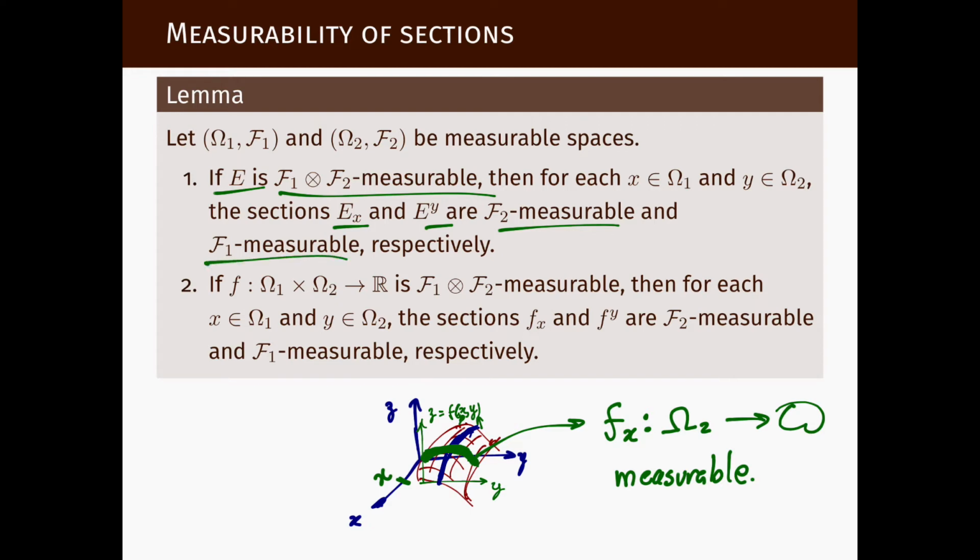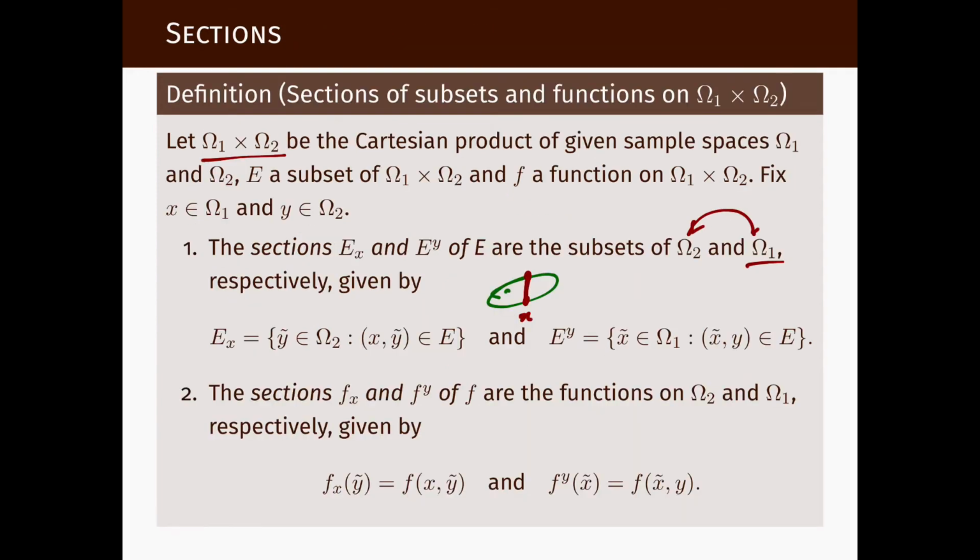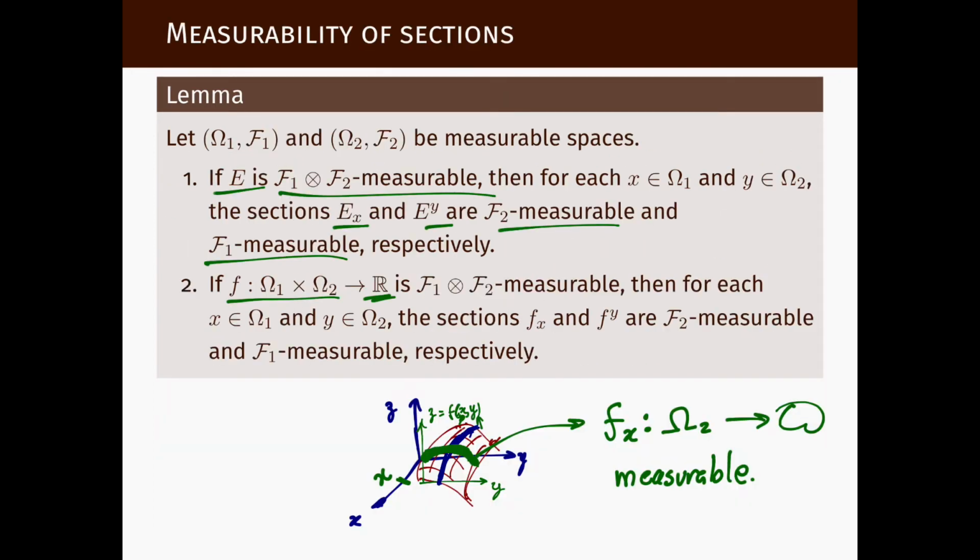And likewise, if a function from the Cartesian product to another space, here the space is R, before there was no requirement on this space, is measurable with respect to this product sigma algebra, then we can fix the variable, and for each value that we fix, we get a function of the other sample space, and that function will be measurable with respect to the sigma algebra of that space. And now in this video lecture, we're going to prove this lemma.